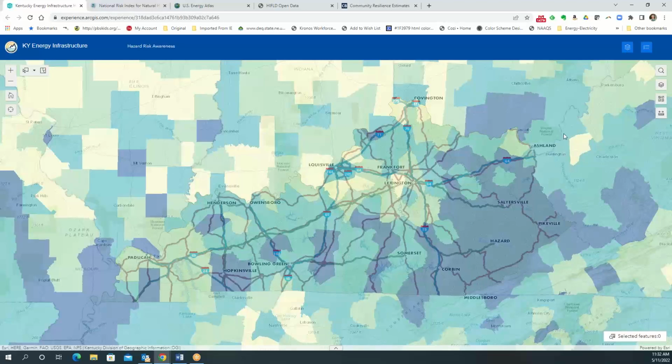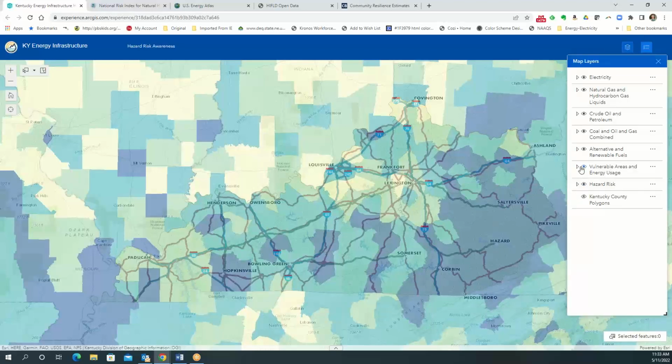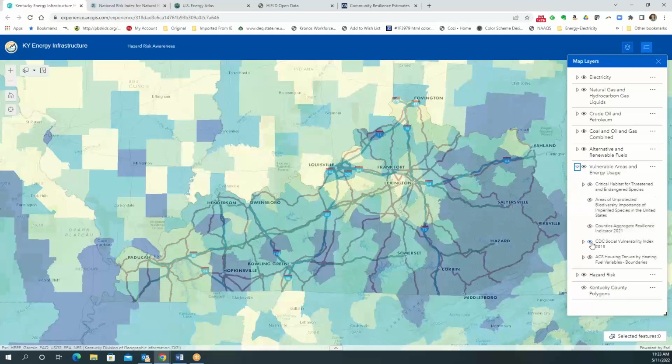This is also a way that we can look at where to direct resources, including potential funding and projects that can lessen or reduce the social vulnerability in these areas, or reduce the impacts on the energy infrastructure due to natural hazards and disasters that can affect these populations. So that's one indicator of vulnerability.